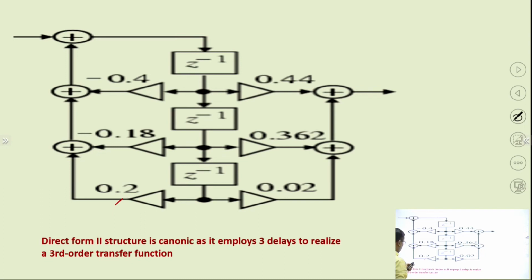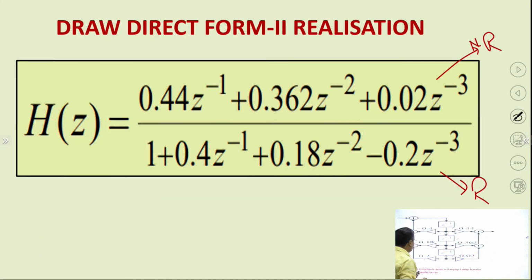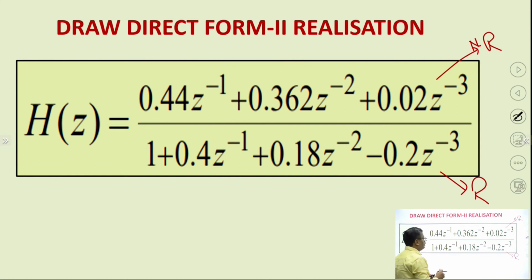In direct form 2, what I told you is that we can combine the two delay elements into a single one. Then your input and output will not be disturbed. So here you needed 3 delay elements only, and your order of equation is 3.